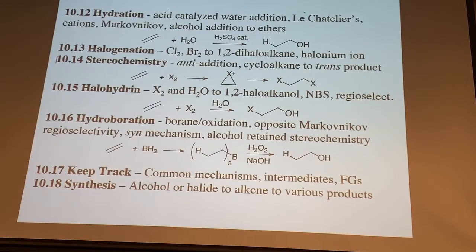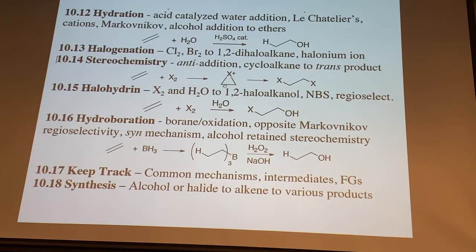Okay, that's two. And then we got halogenation. This is different than hydrohalogenation, right? Here we're not adding hydrogen, we're adding both elements of the halogen across the pi bond. So we go here with X2, chlorine or bromine, the molecular form, to form what? Dihaloalkanes. Okay? And there'll be a new intermediate here.